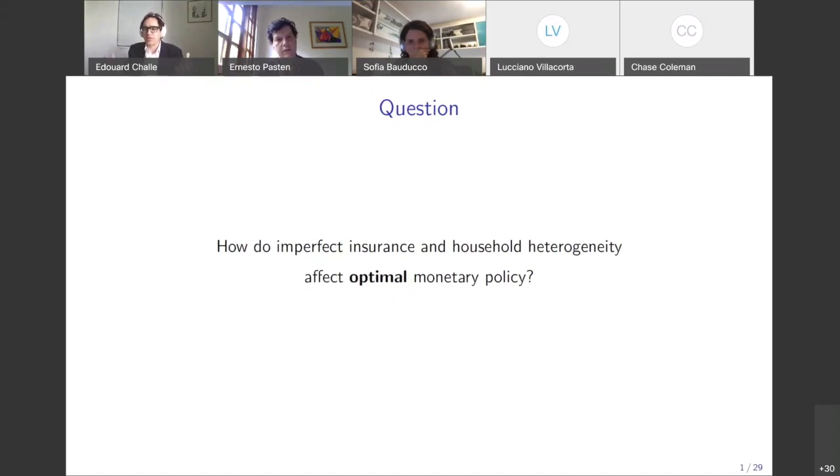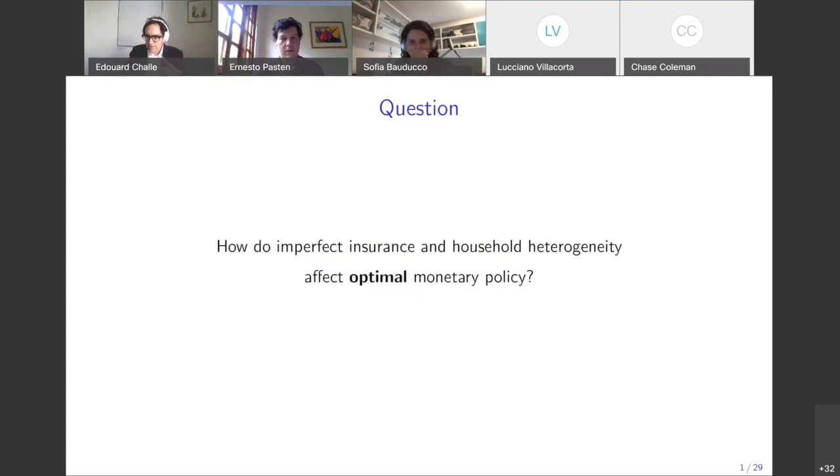Now, you could think that it's a reasonably simple answer. We all have some familiarity with optimal monetary policy in a very simple setting, say the three-equation model in Galí. Many researchers have extended that framework to introduce additional frictions, in the labor market, in the capital market, various frictions.